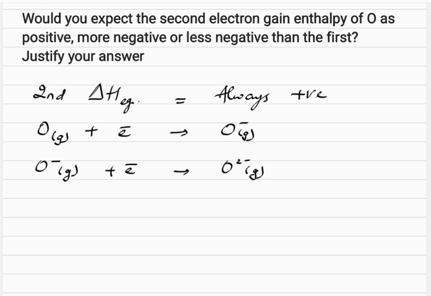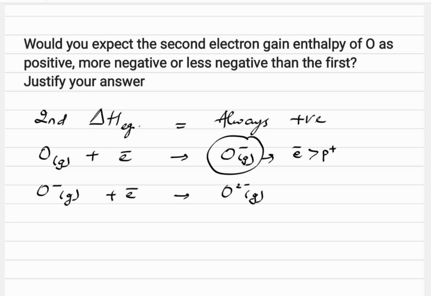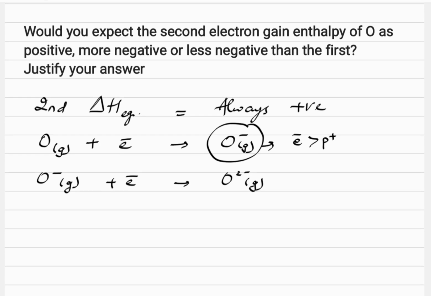Why? Because when an isolated gaseous atom accepts an electron, it becomes a negative ion, that is an anion. Now this anion has obviously more electrons than protons. So the next electron that needs to be added here is going to feel a lot of repulsion from the already present larger number of electrons, right?